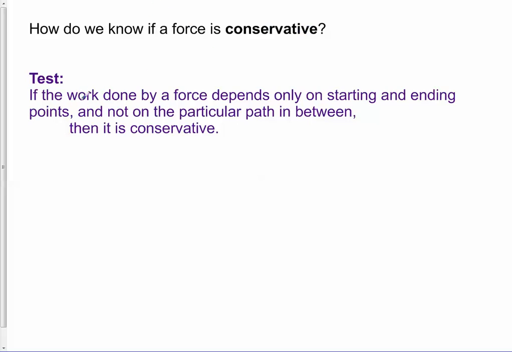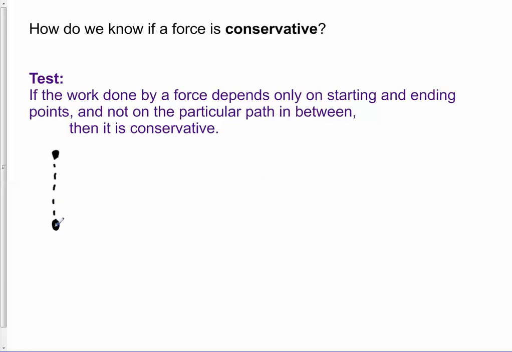And you look at how the force does work. If the work that it does only depends on the starting and ending points, and not on the path you take from that starting point to that ending point, if the path doesn't matter, then it is conservative.